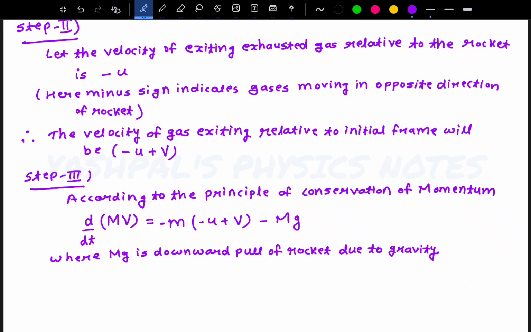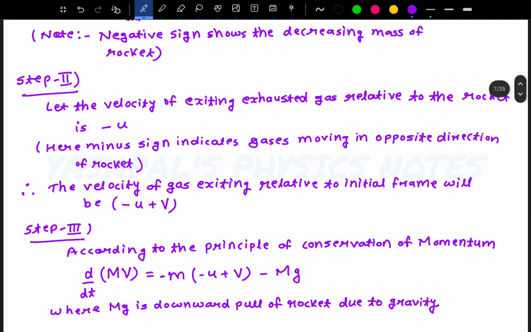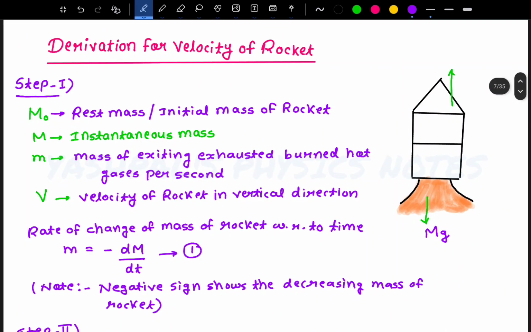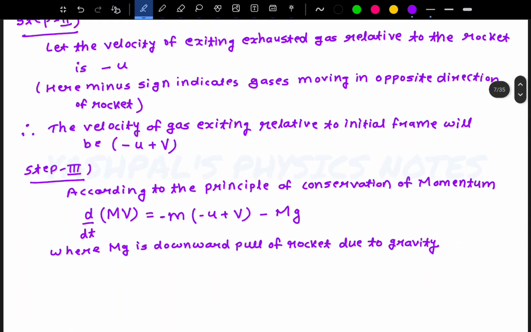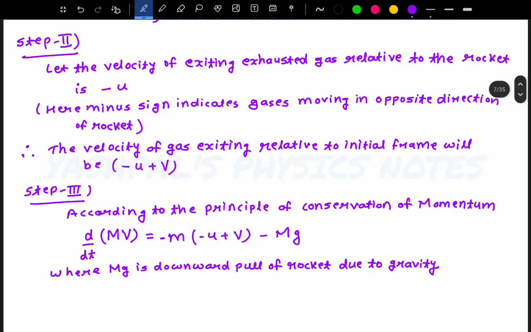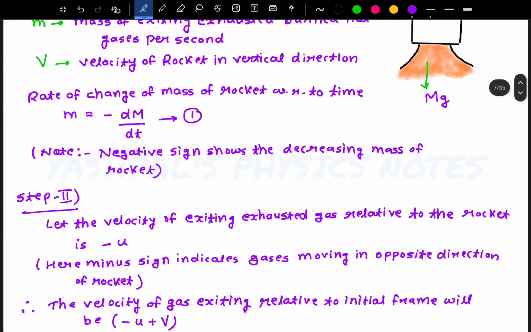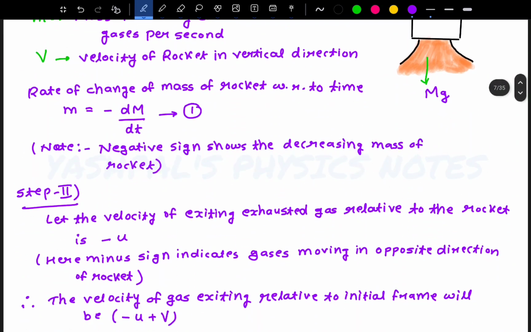So let me explain this equation once again. According to the law of conservation of momentum, I have written capital M into capital V, where capital M is the instantaneous mass. Since the mass is changing, I have written d by dt of MV, which will be equal to minus m, where small m is the mass of exiting exhausted burned gases.